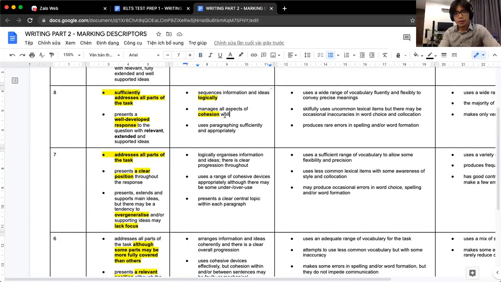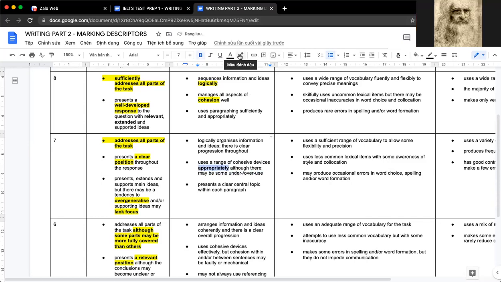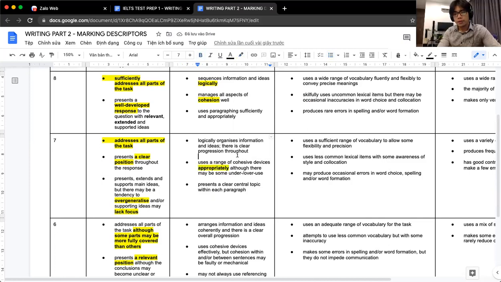Okay, so there wouldn't be something like misuse or overuse or underuse, right? So at band 7, you use them appropriately. So you use them correctly. So you understand the cohesive devices very well. You know how to use however, you know how to use nonetheless, for example.